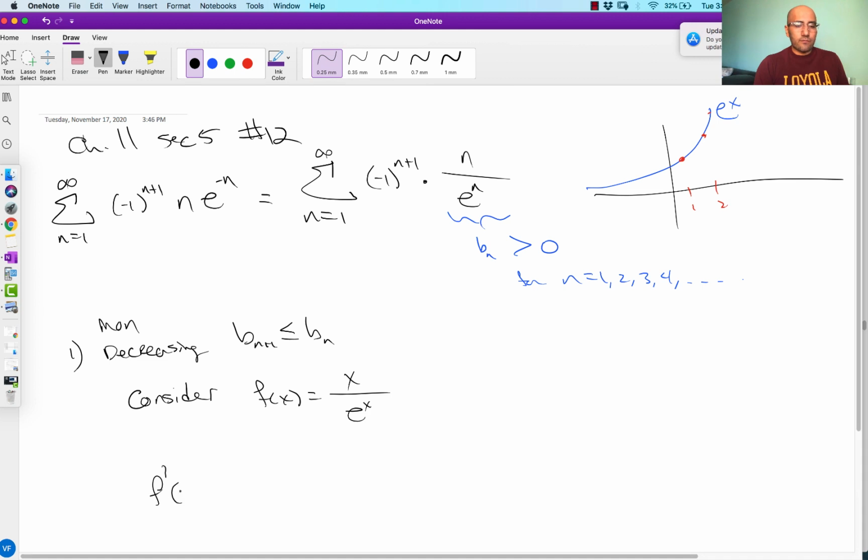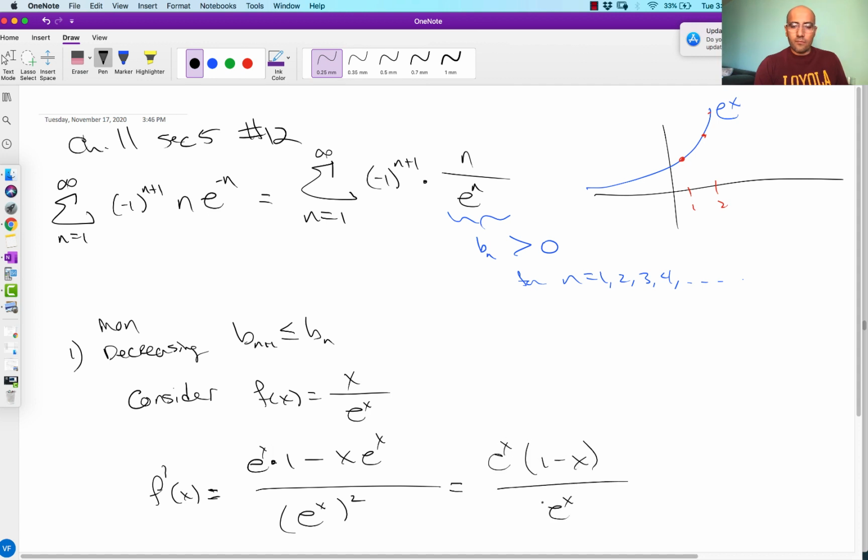Its derivative, well, that's going to be low d high minus high d low over the denominator squared, the quotient rule, right? Which then we can factor out an e to the x from the numerator, and then cancel out one of these to give us 1 minus x over e to the x.